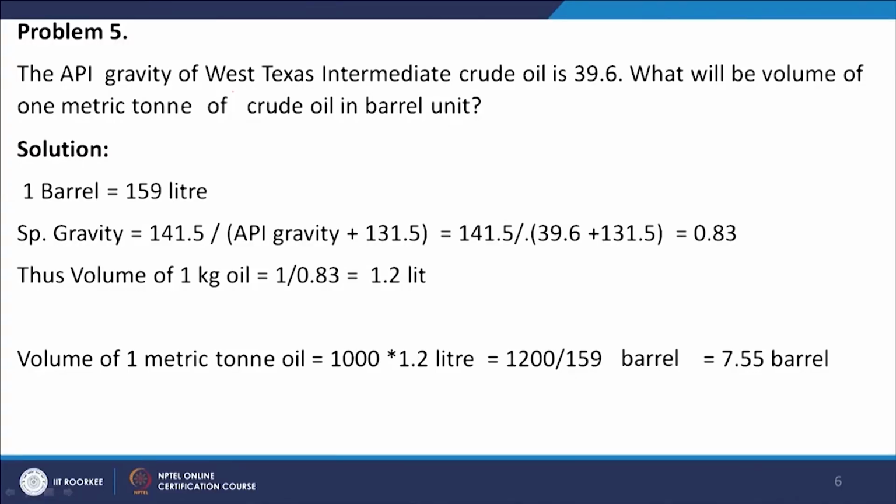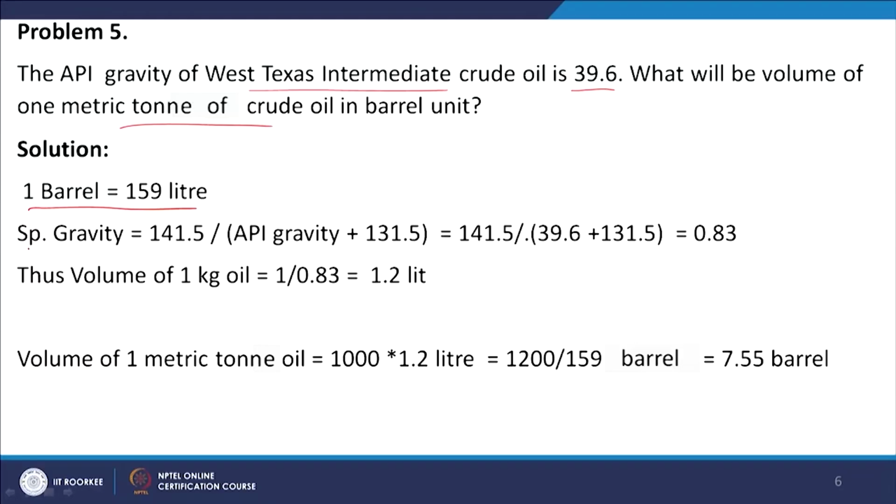Next problem says that the API gravity of West Texas Intermediate crude oil is 39.6. What will be the volume of 1 metric ton of this crude oil in barrel unit? So, we know that 1 barrel is equal to 159 liter.